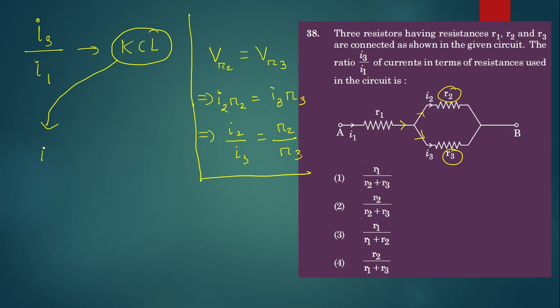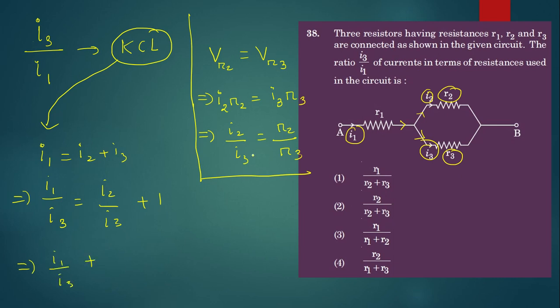According to Kirchhoff's current law, I can see this I1 split into 2 parts, I2 and I3. Let me write this relation, I1 equals I2 plus I3. Now, let me divide this relation by I3. So I1 by I3 equals I2 by I3 plus 1. Since I already know the value of I2 by I3, which I have calculated here, I will put this relation here.